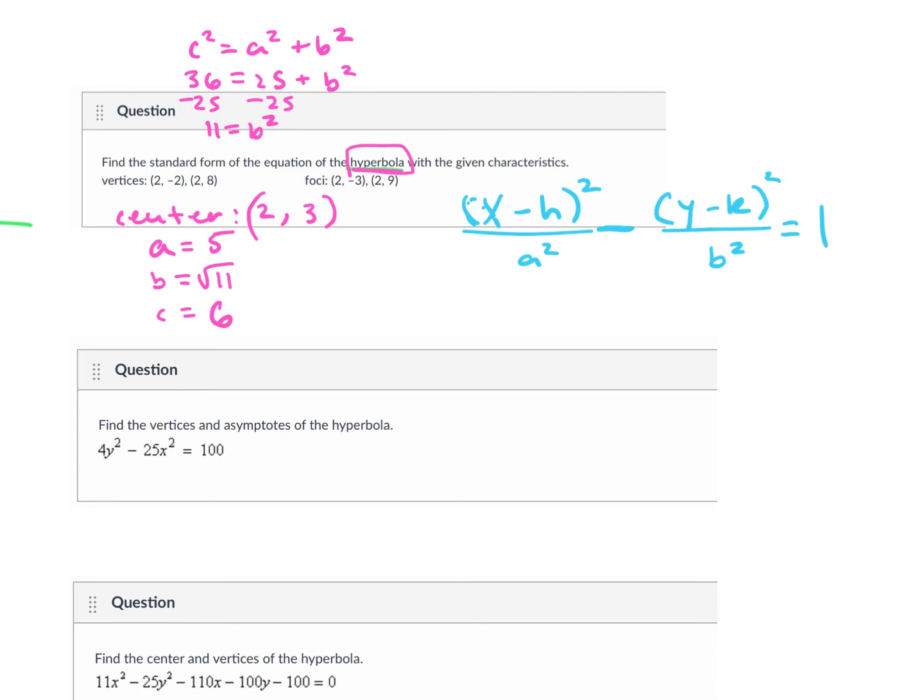So we have our h and k, and we have our a and b. So we can just plug everything in. x minus 2 squared over 25 minus y minus 3 squared over, what's b squared? 11, and that's equal to 1.